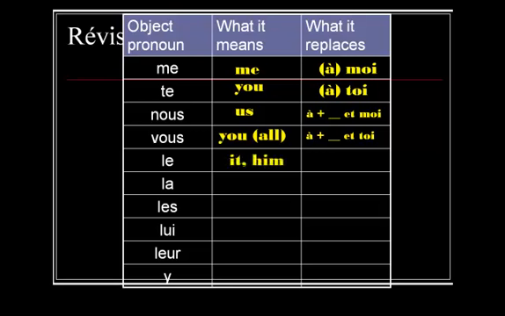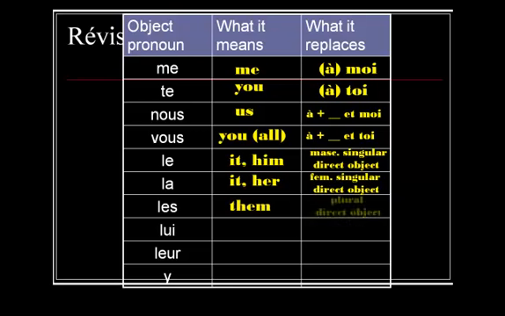Le is the direct object pronoun for it or him, and it's going to replace a masculine singular direct object. Remember, direct objects are things, or people, that directly receive the action of a verb. La means it or her, and it's going to replace a feminine singular direct object. Les means them.